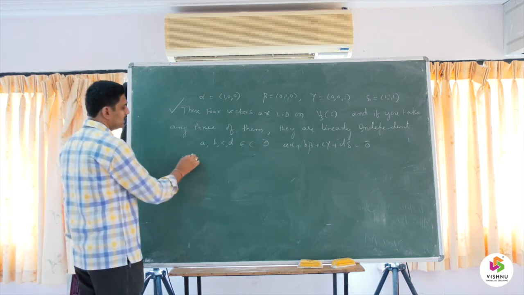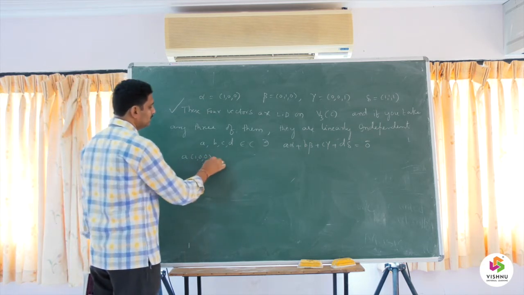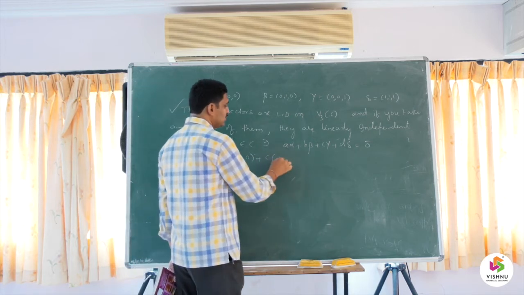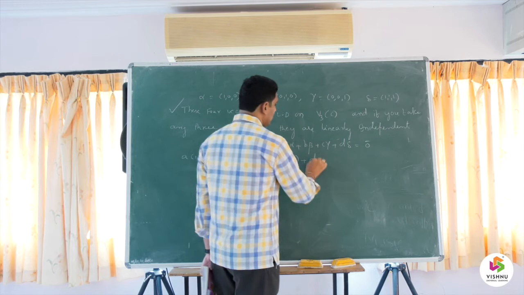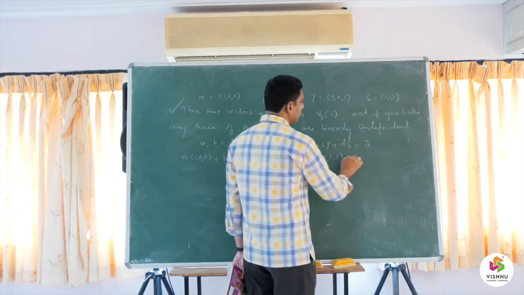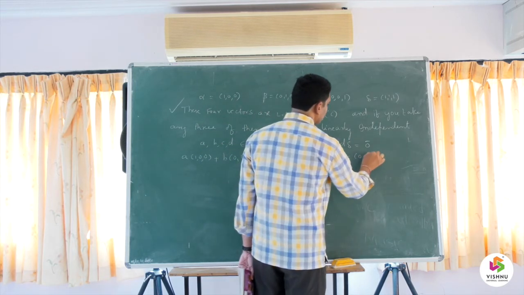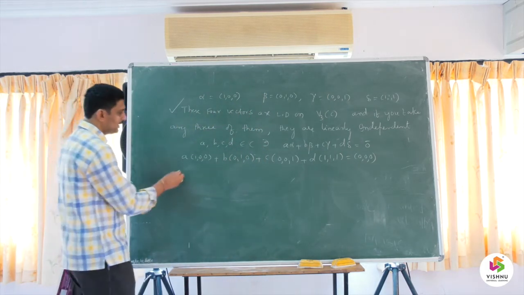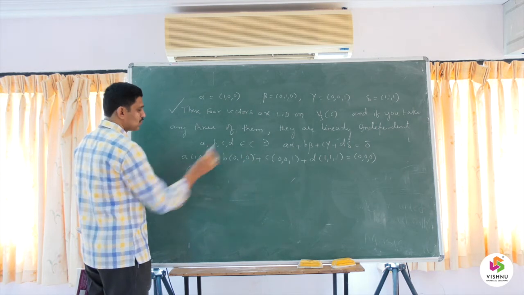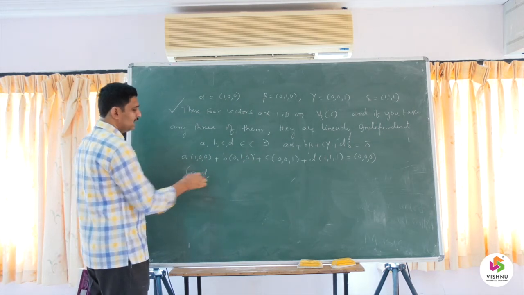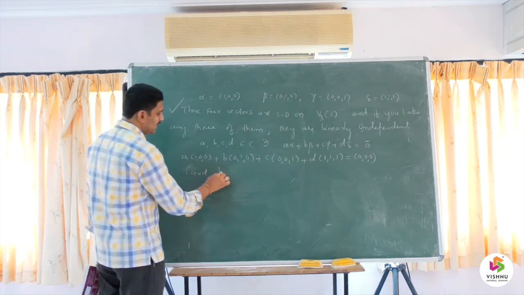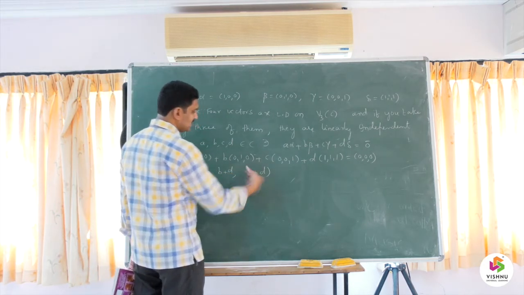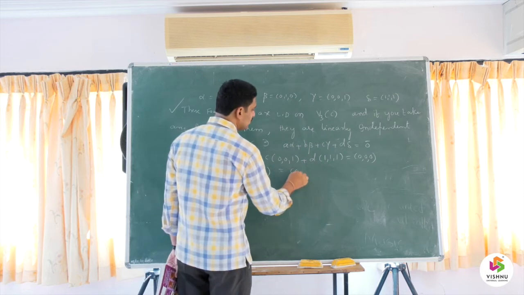So this is a into (1, 0, 0) plus b into (0, 1, 0) plus c into (0, 0, 1) plus d into (1, 1, 1) equal to (0, 0, 0). Now if you add all these values, adding all the first coordinates, it is a plus d, adding all the second coordinates, it is b plus d, and third coordinates, it is c plus d, equals (0, 0, 0).